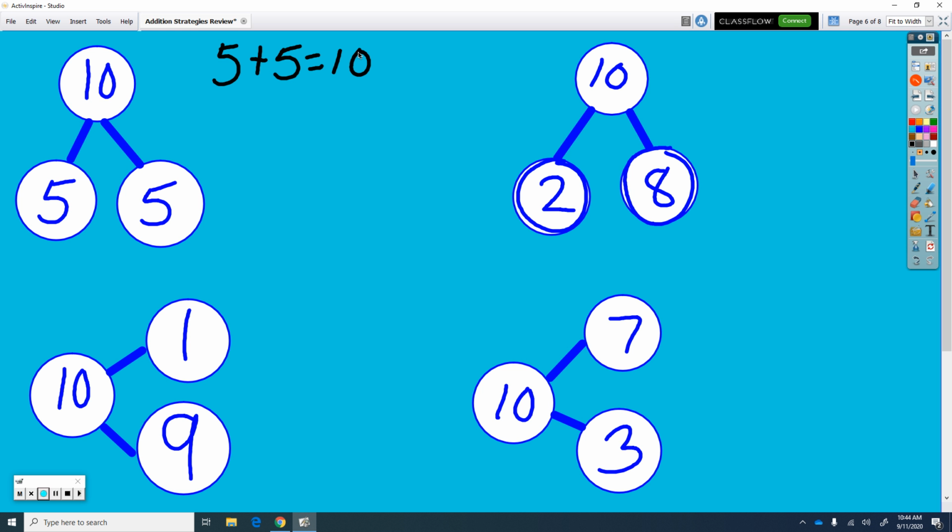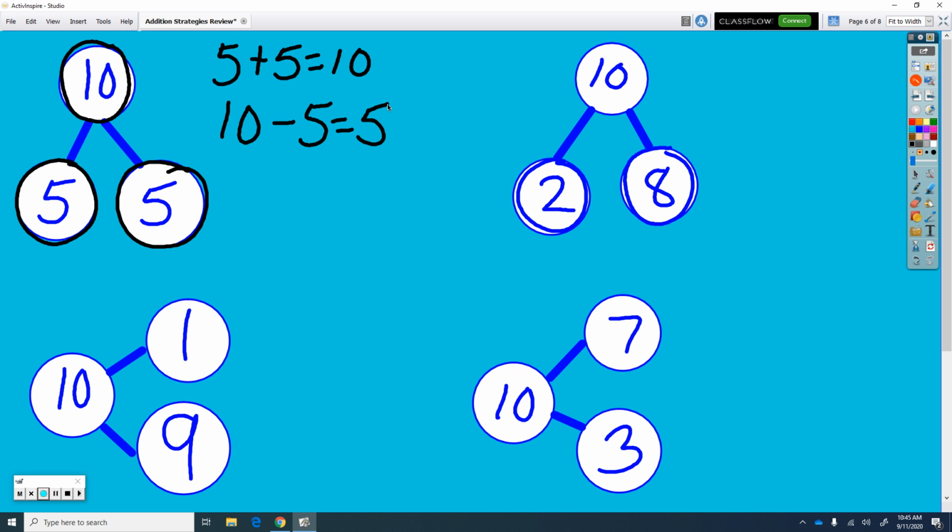It also shows subtraction. For example, if I have 10 and I subtract, or take away, 5, then I'm going to have the other 5 as my answer. So number bonds can be used for adding or subtracting.